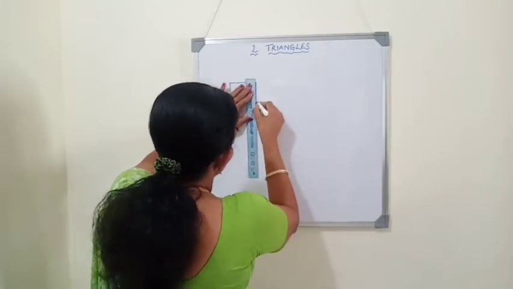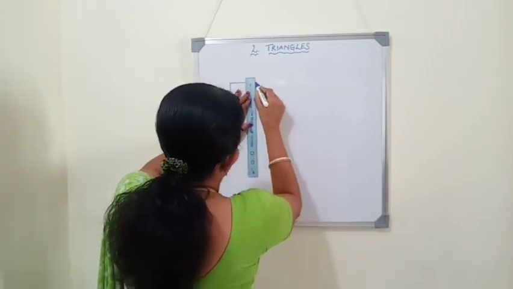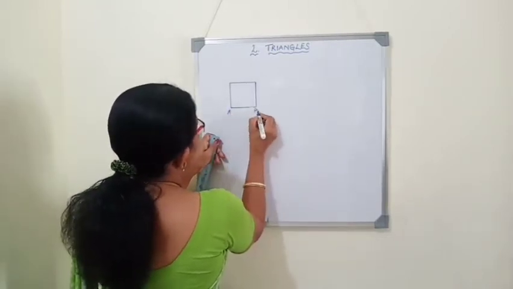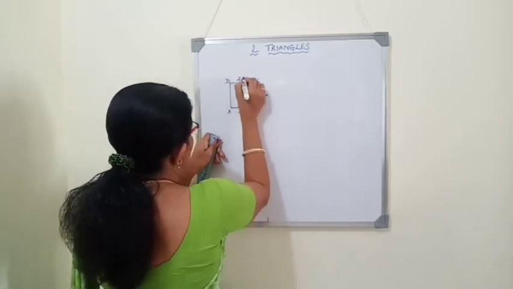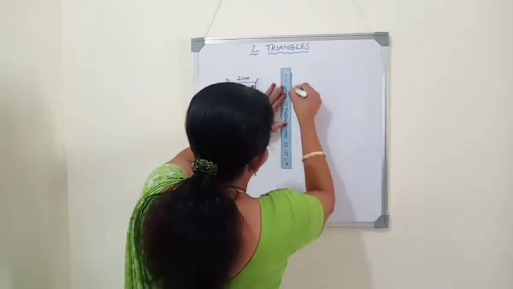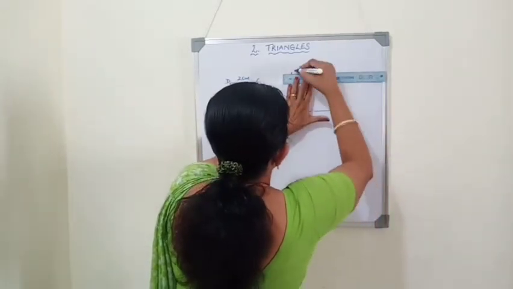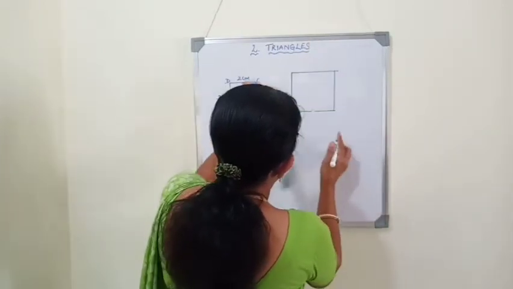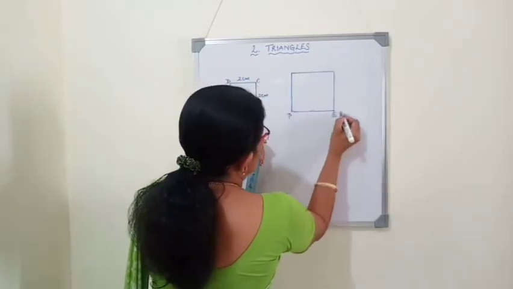So here a square ABCD of sides 2 cm each and another square of side, for example 4 cm, we will consider, PQRS.